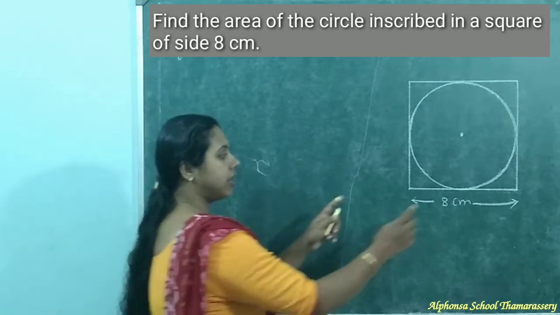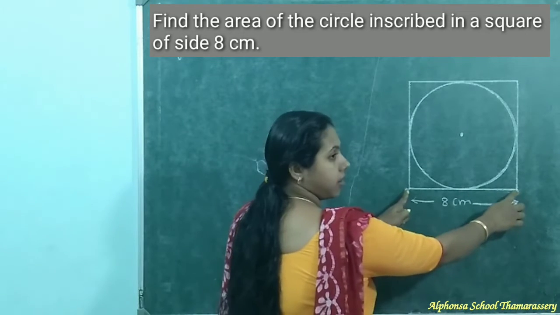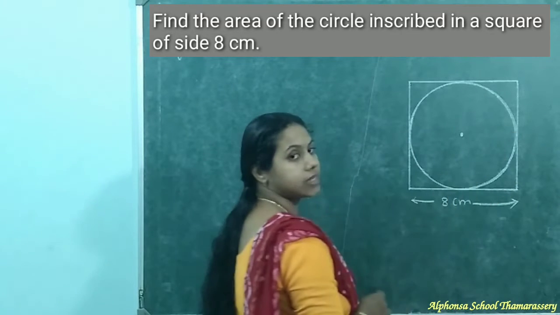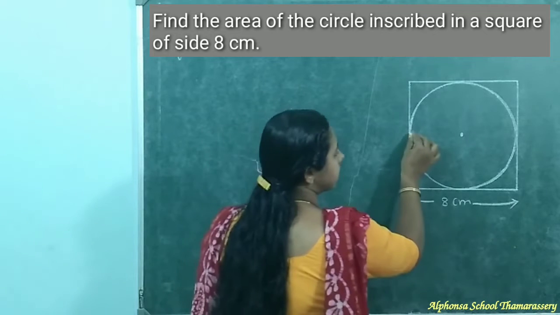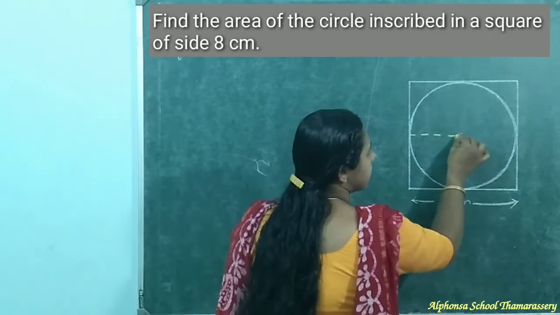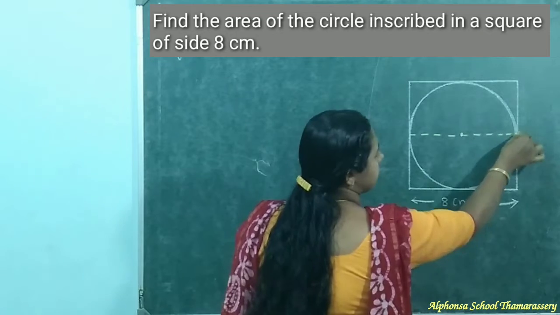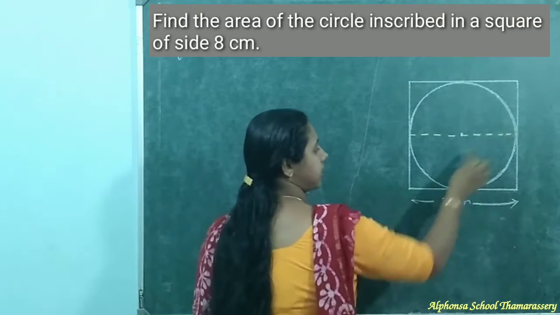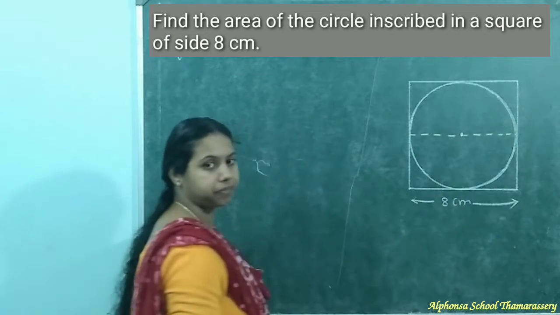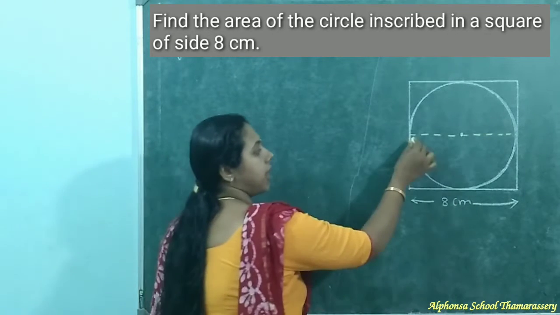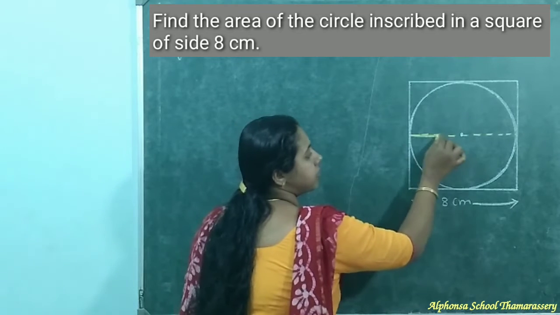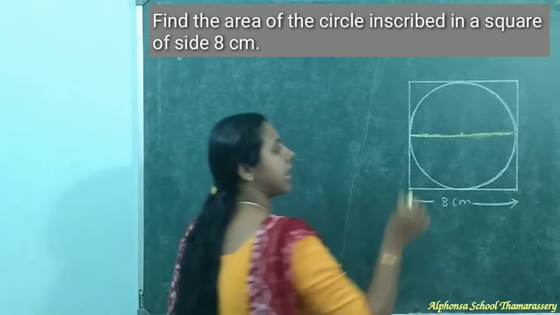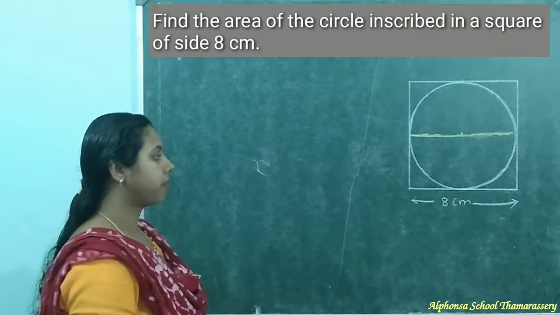We know that this length of the side of a square is equal to the diameter of the circle. The diameter of the circle is equal to the length of the side of a square, because these two lines are parallel lines. It's a square. So we can say that the diameter of a circle is also equal to how many centimeter? 8 centimeter.